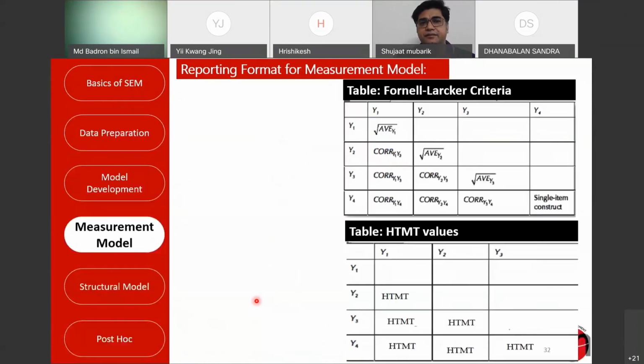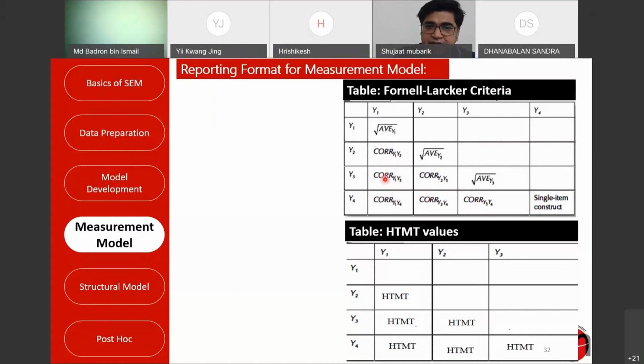Now this is the way we can present the results of the discriminant validity. The good thing is that the Fornell-Larcker criterion is given itself. It's computed in the same way in the Smart PLS result, so you just need to copy, paste and present it. Here the diagonal values are the square rooted values of AVE, and these are the inter-construct correlations, Y1, Y2, Y3.